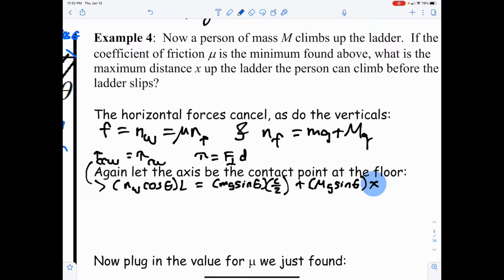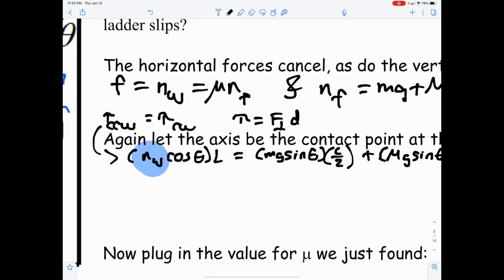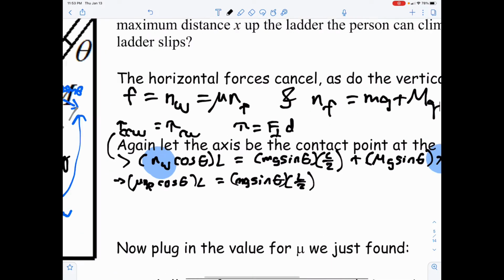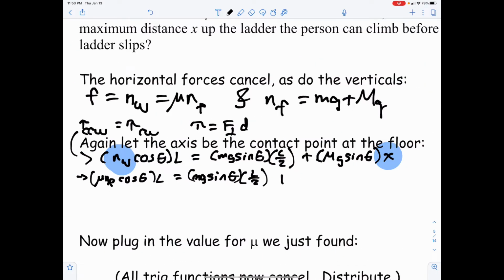Okay, so what are we going to do now at this point? Well, still a little substitution here and there. I'm going to substitute for the normal force of the wall. That's going to be mu times the normal force on the floor, cosine theta, times L, equals, this part didn't change, mg sine theta times L over 2, plus, this part didn't change either, Mg sine theta times x.